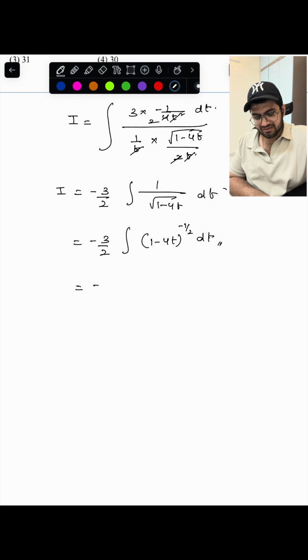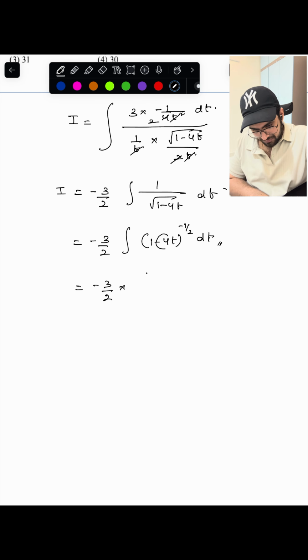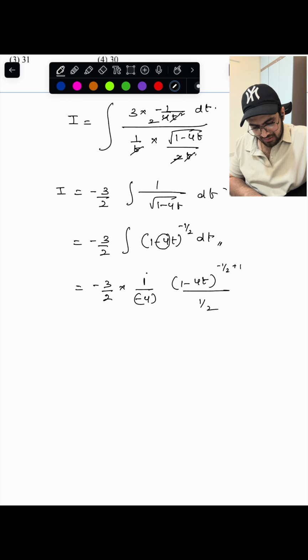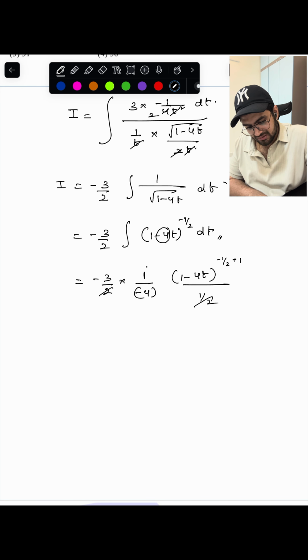So it is of the form x power n. I can use that, minus 3 by 2, but here instead of x I have 1 minus 4t kind of, right? So I can divide by minus 4, and the integration of 1 minus 4t power minus 1 by 2 is power minus 1 by 2 plus 1, that means 1 by 2, divided by 1 by 2, right? So this 2 cancels out, so you will be left with 3 by 4 times 1 minus 4t whole power 1 by 2 plus c, so this is our integration.